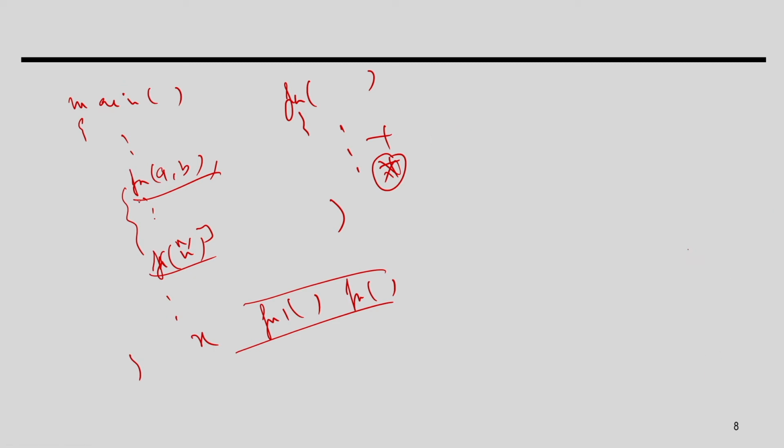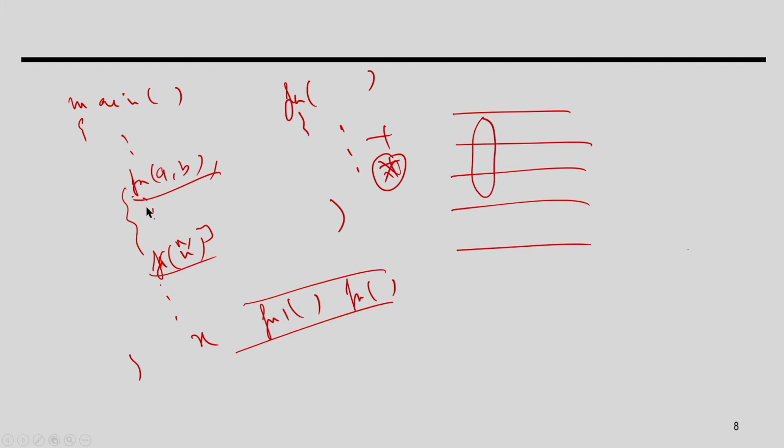Suppose you have a function here, and this call is scheduled here. This is the function one call, and then another is scheduled somewhere here. It needs 3 cycles to execute, and the same function is called 2 times.